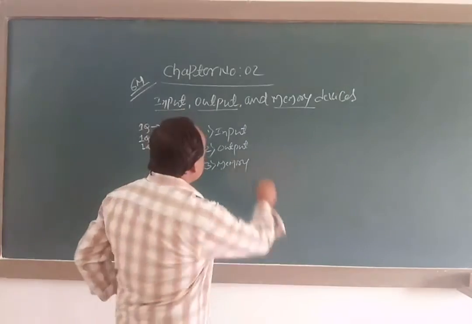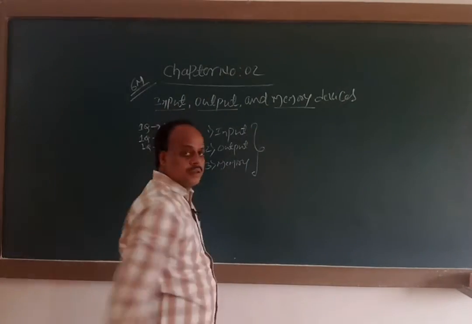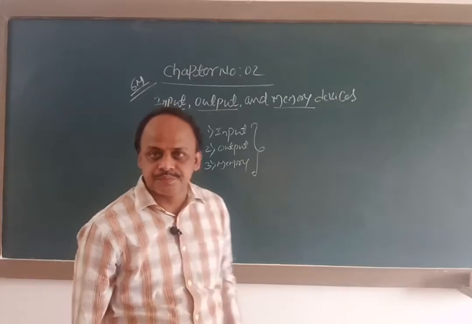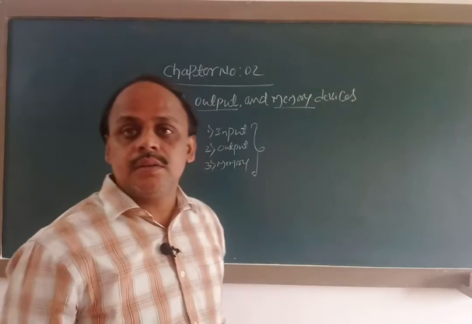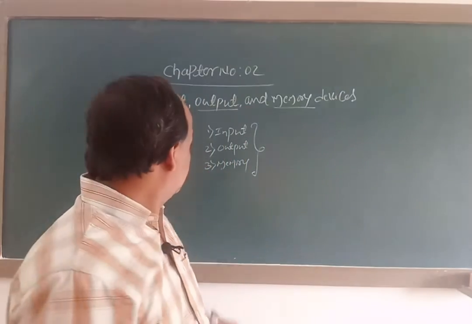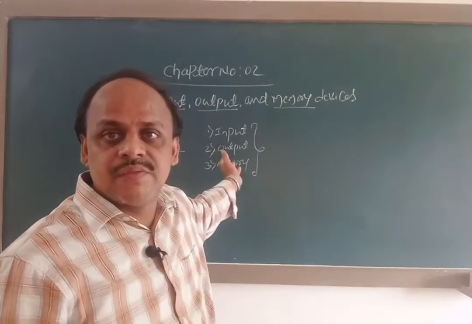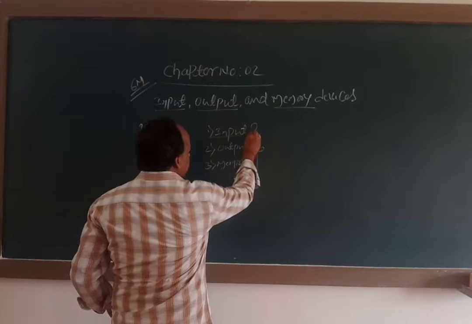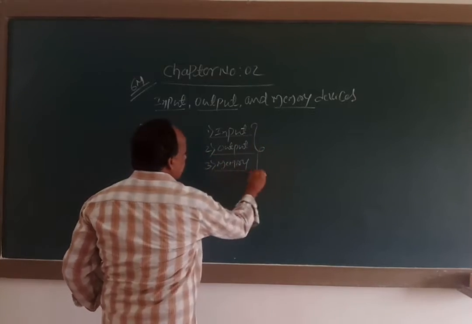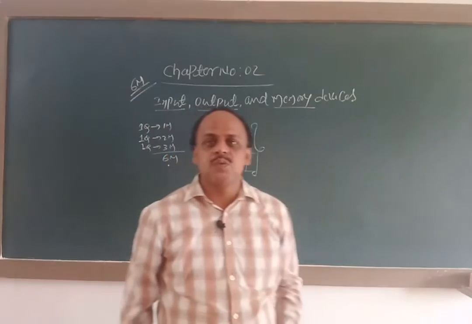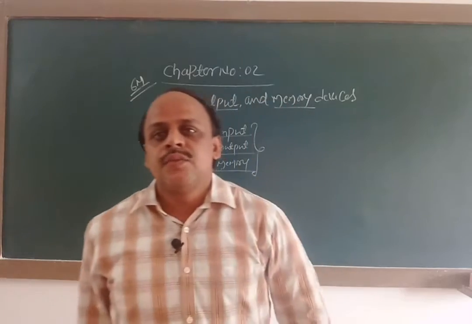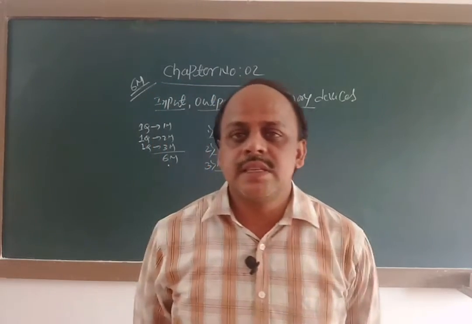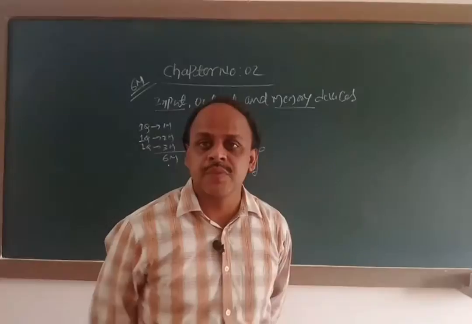We completed the first chapter, right? With reference to the first chapter, we are able to define what is input, what is output, what is memory. These words were discussed in the first chapter. So what is input?